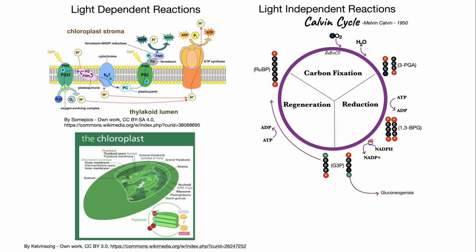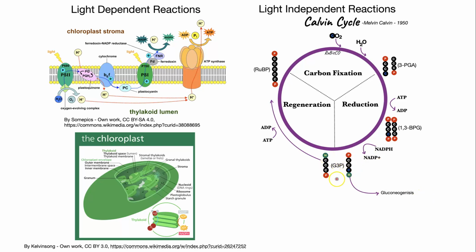And so we're going to give them 2 electrons each to these 3 carbon phosphates, and make something called a G3P. And that G3P, at least one of them, okay, is going to lead to something called gluconeogenesis. We're going to make glucose from this. Notice it's a 3 carbon fragment that gets made in the reduction phase. Reduction is gaining electrons. And that is going to combine with other G3Ps and eventually make glucose, okay?